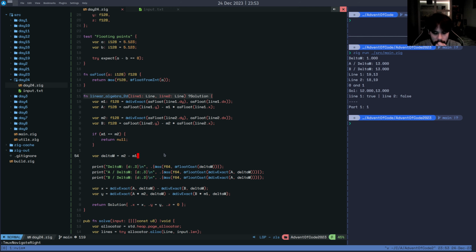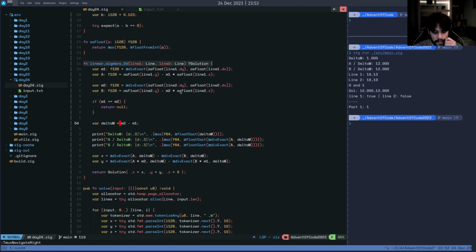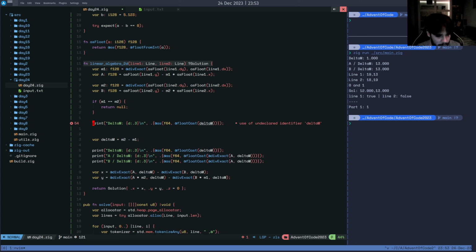So, delta m is 1. Delta m is m2 minus m1. m2 is 1. And that there y over m2. So it's going to be minus a half. So m2, which is 1, minus a half. That's not right. Oh, what the hell, man?